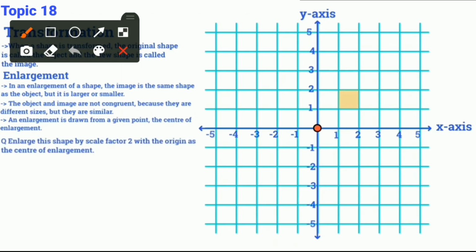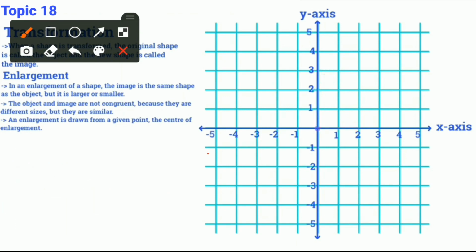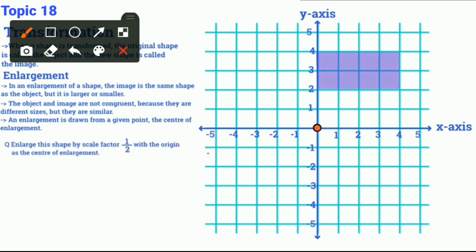Okay, enlarge this shape by scale factor 2 with the origin as the center of enlargement. Now we enlarge this shape by a scale factor of 1/2 with the origin as the center of enlargement.